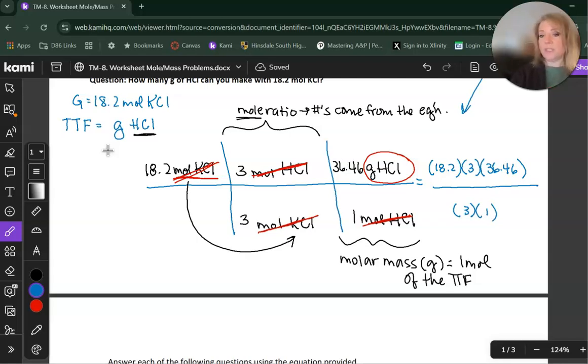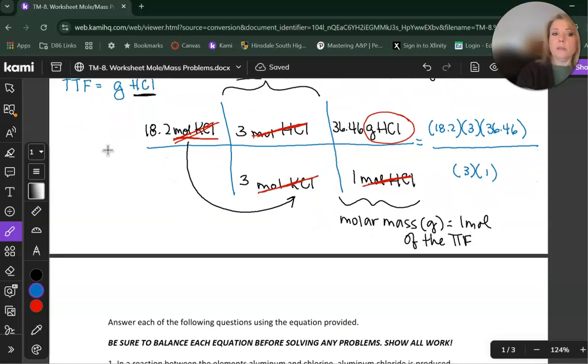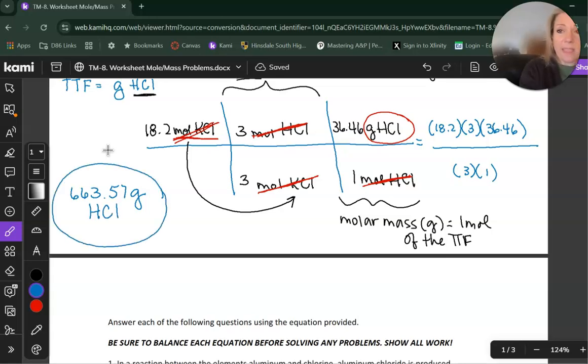Once you do this division, I'm going to get the answer. I'm going to put it over here in the corner because I ran out of room. 663.57 grams of HCl. And that, my friends, is your final answer.